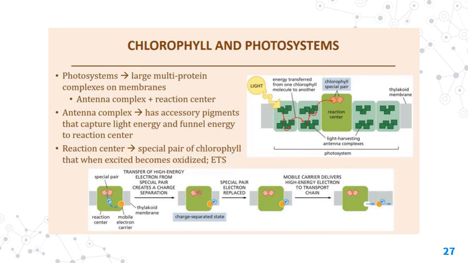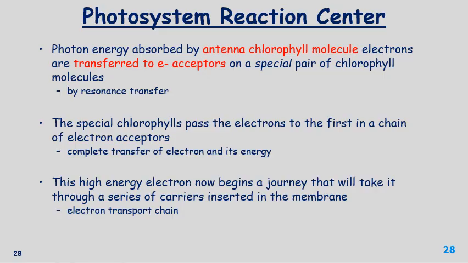Okay? So here's a picture of your reaction center. You're going to have those special chlorophyll pairs that are going to shuffle the electron into some electron carrier. And this electron carrier is going to move around and deliver the electrons somewhere else. Right? So these I have just mentioned.